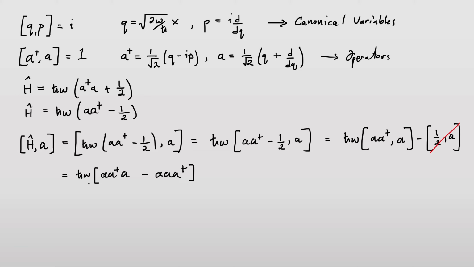Okay, I'm going to put a pause on this really quick because I want to take a look at what this guy equals right here. A times a commutator of a dagger with a, plus a commutated with a times a.